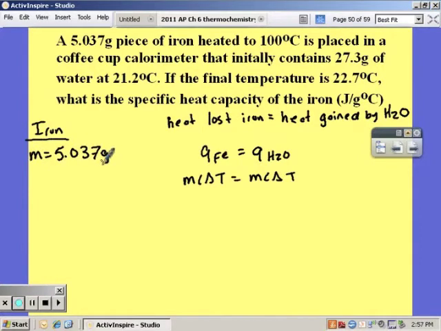So I'm writing all my iron information down. I know my mass. My CP is what I'm looking for. My delta T is always the same for both substances. So 100 minus 22.7.